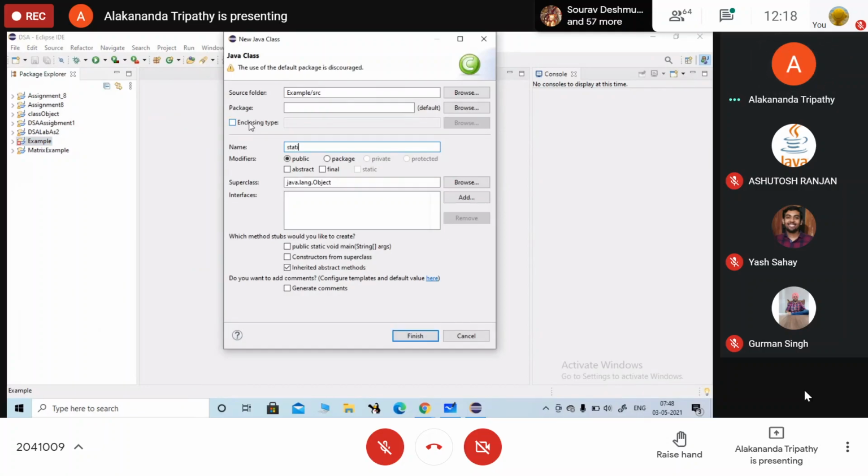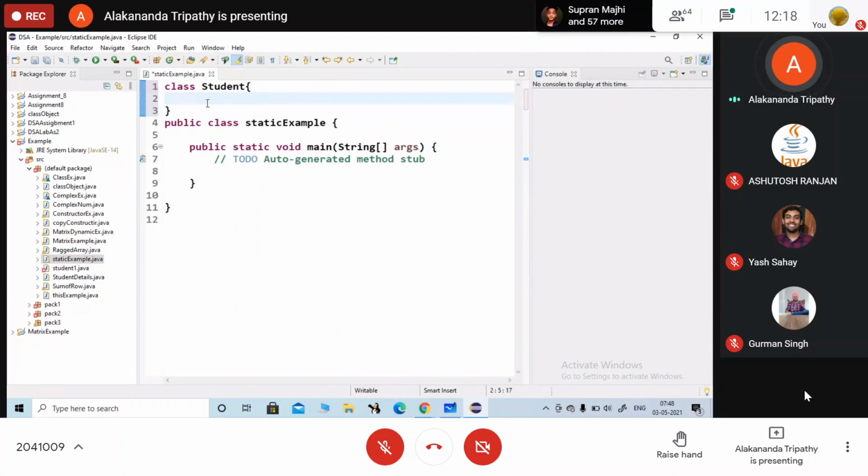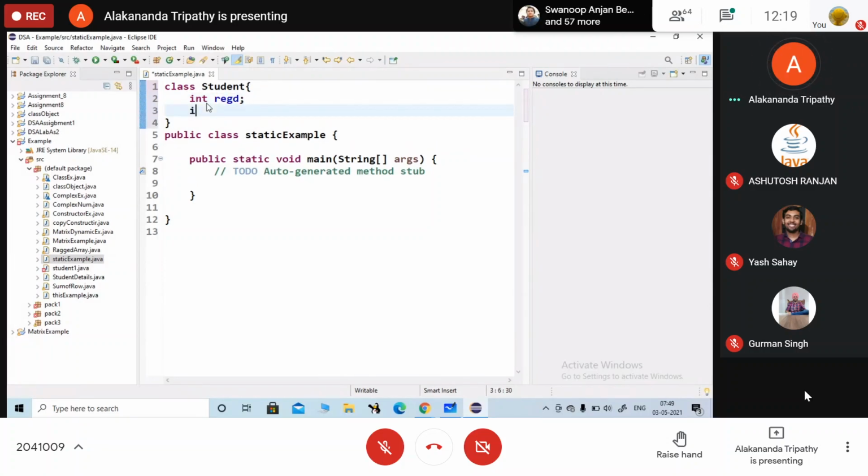The static example. No error. So int registration number. Here we will have string name.